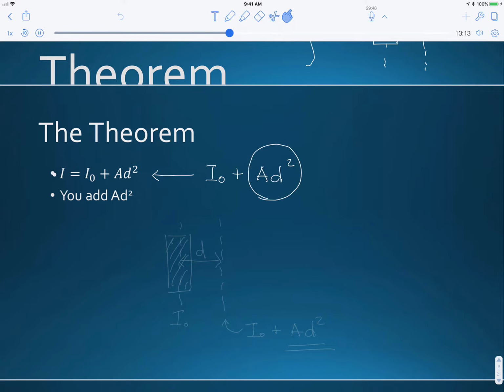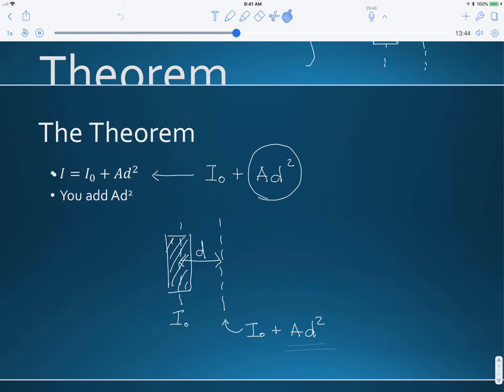All you do is add AD squared, where D is the distance from the new axis to the centroid axis. You take the moment of inertia about the centroid axis, you calculate the area, and the moment of inertia about here is going to be I0 plus AD squared.